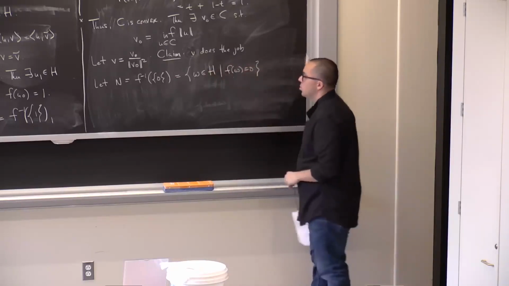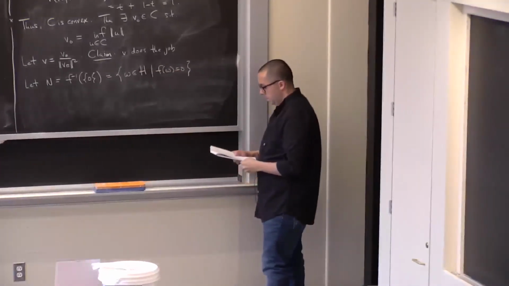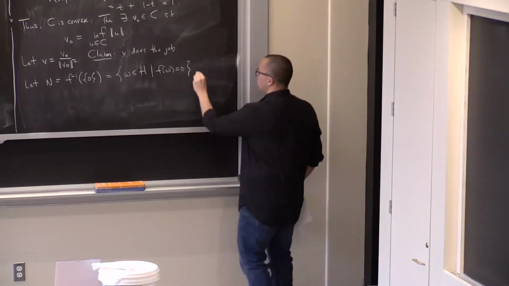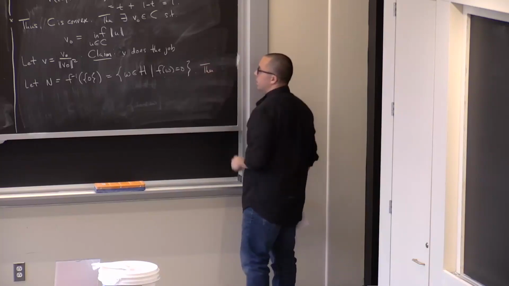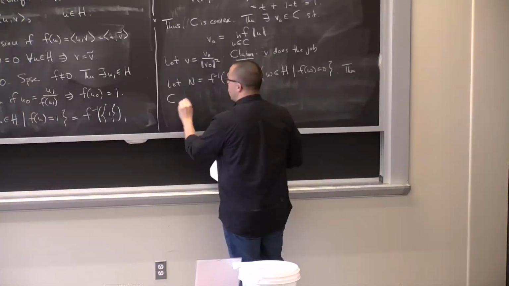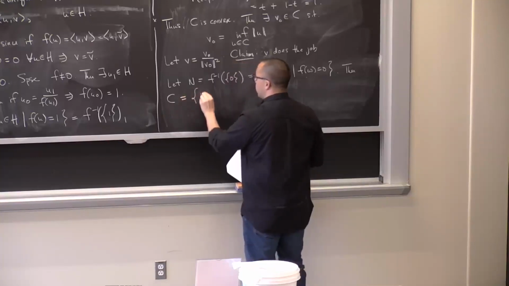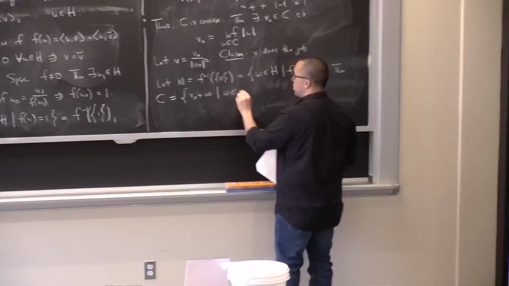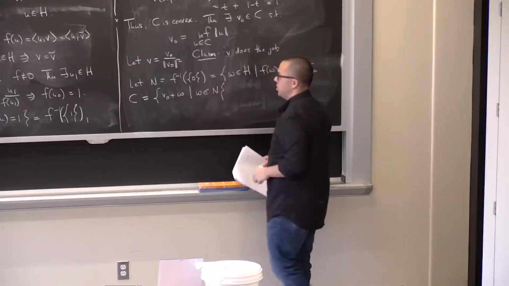This is a closed linear subspace of H. Then it's not too difficult to convince yourself that I can write C as, in fact, v naught plus w, where w is in this subspace.